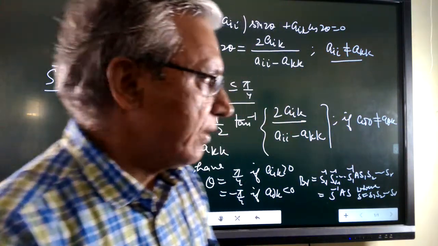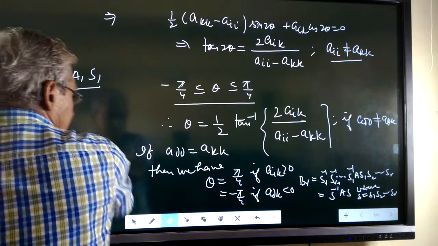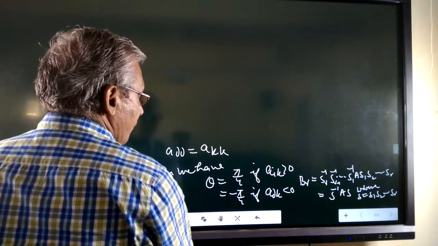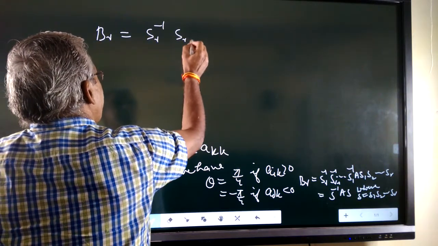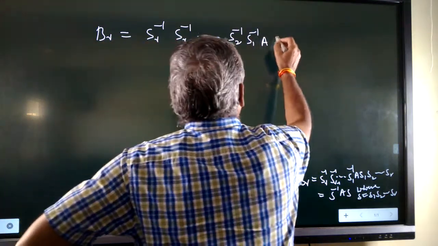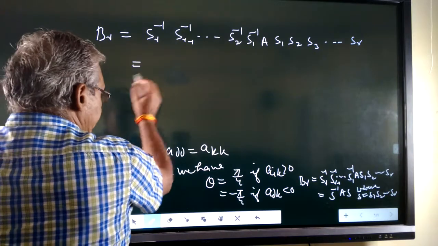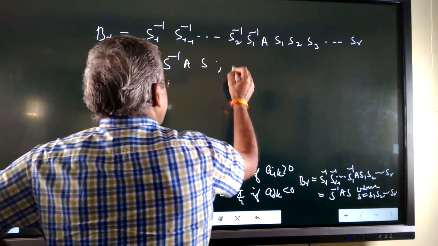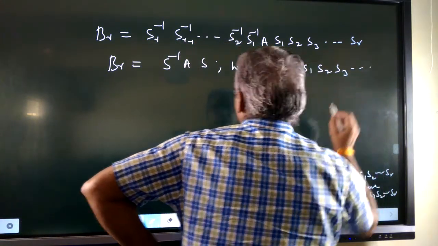Suppose after r rotations we have Br equals Sr inverse, S(r-1) inverse, and so on, S2 inverse, S1 inverse, A, S1 S2 S3 and so on Sr. Suppose this can be written as S inverse A S, where S is S1 S2 S3 and so on.